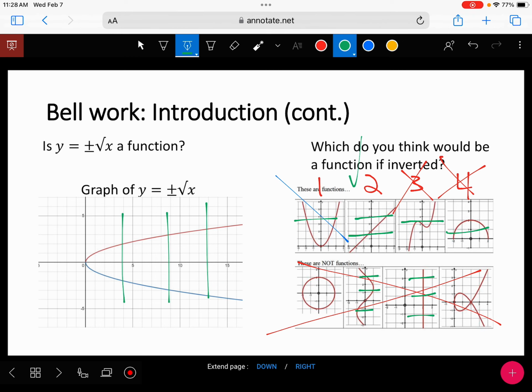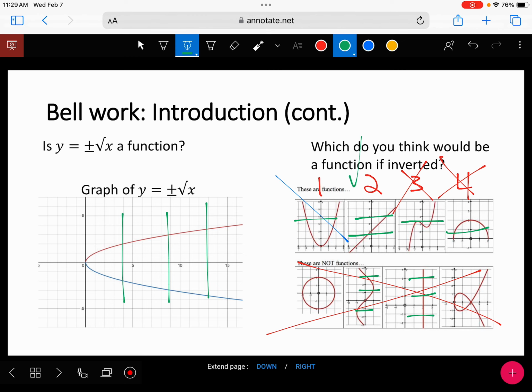Mouthful. So the point of all of this was to establish what we call one-to-one. When a function is one-to-one, that means it is exactly one input for every output and one output for every input. Another way to think about that is every one-to-one is a function, whether in its base form or in its inverse.